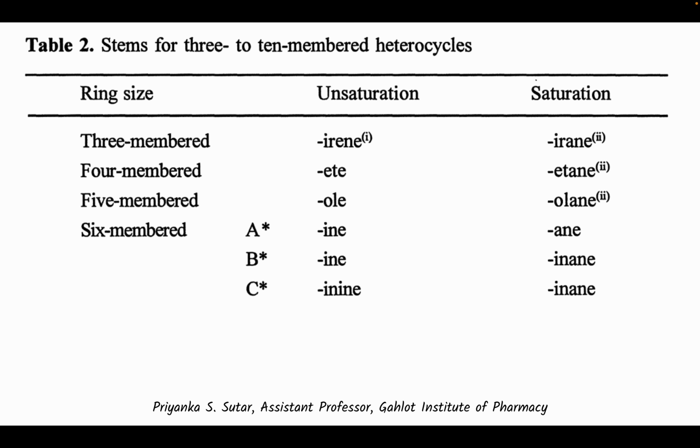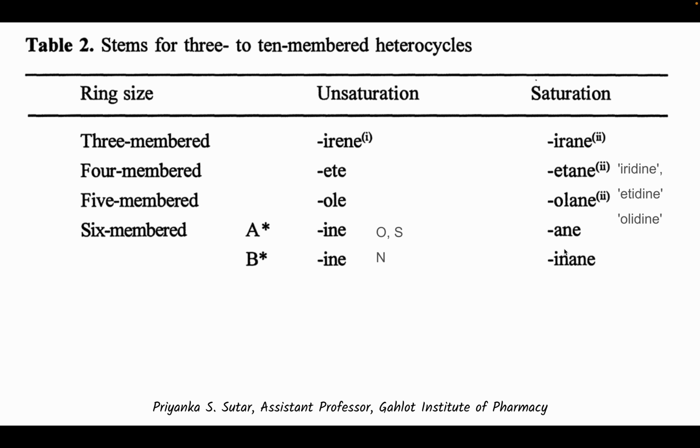No need to use the C type, because as I said, we will be dealing with the 3 heteroatoms, so you remember only these two. Okay, 6-membered A type, B type. A type means the heteroatoms which contain oxygen, sulfur. B type 6-membered contains nitrogen.